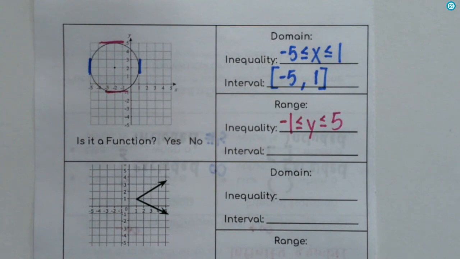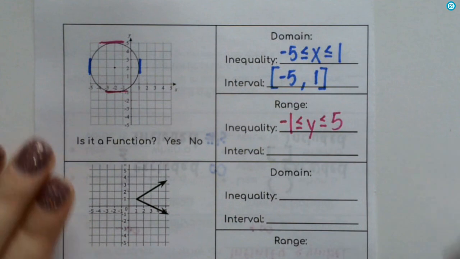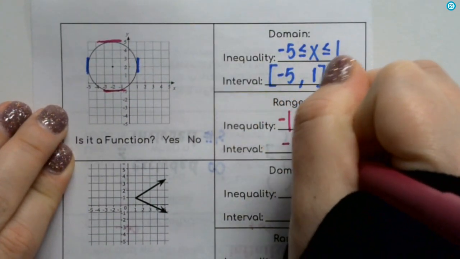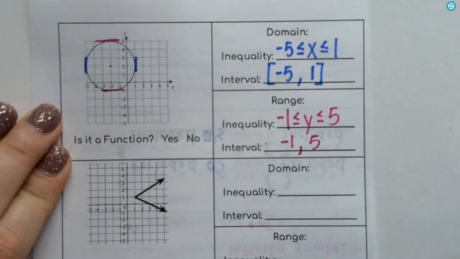Okay. And then to write that one in interval notation, same thing. We'll just use these same two numbers, so -1 to 5. And then we put brackets on them.